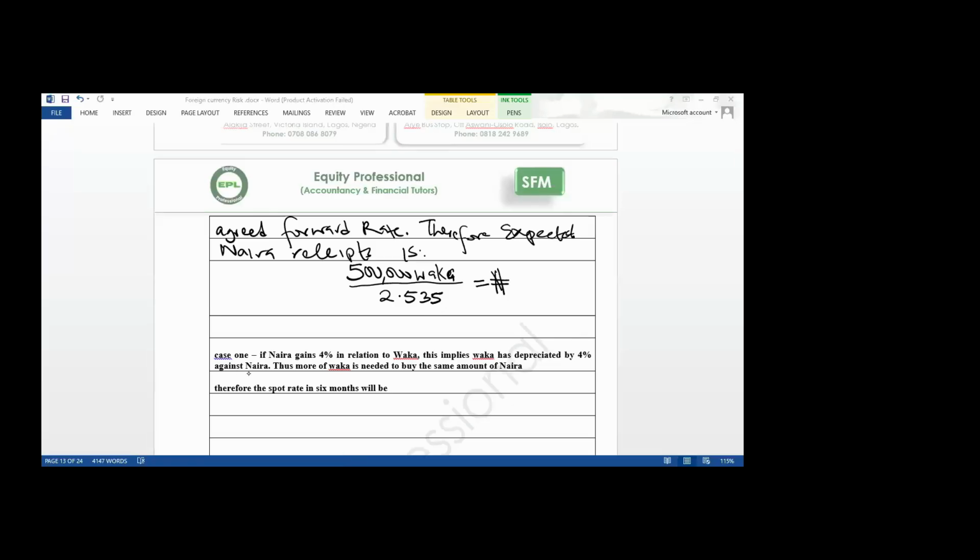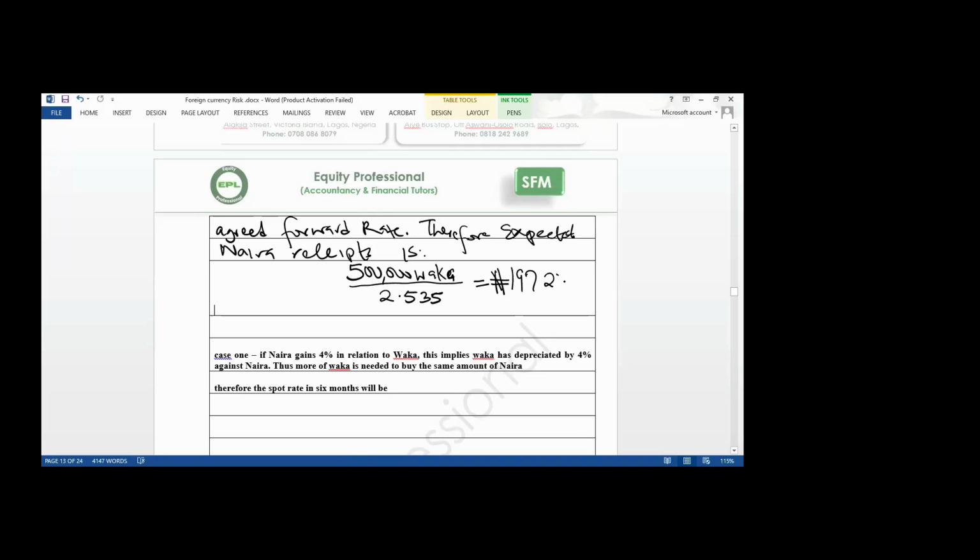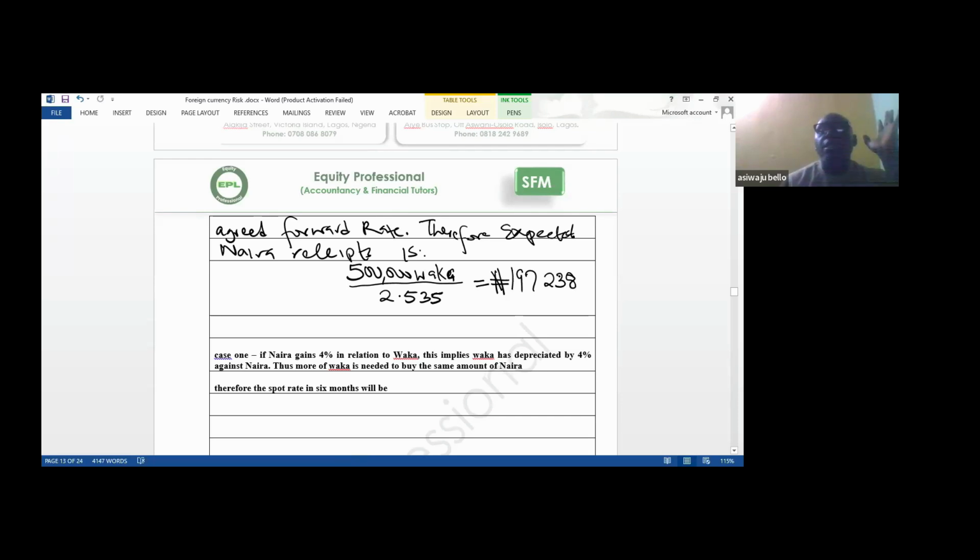197,238.65. 197,238.66. Please forget about the point. Forget about the fraction for now.